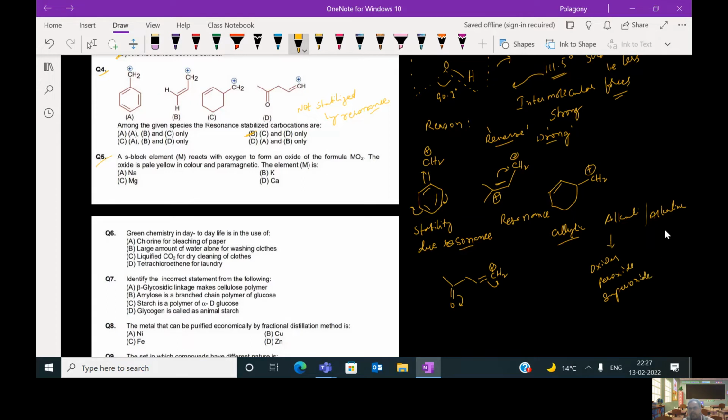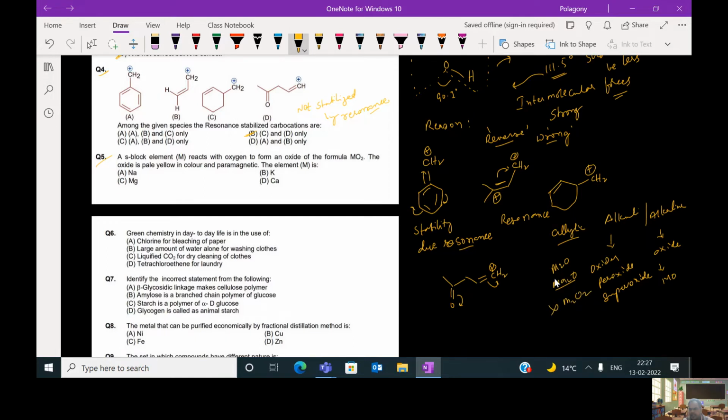Their oxide formula is M2O, for example Na2O, and the peroxide formula will be M2O2.